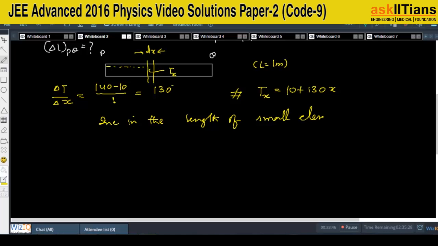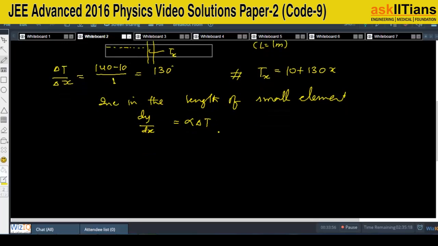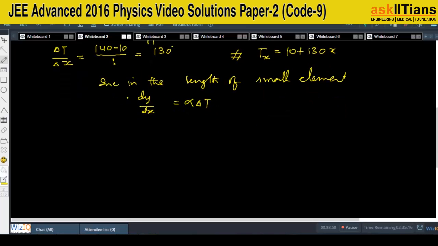Let us assume it is dy by dx, which should be equal to alpha into delta T. This concept is taken from the law of thermal expansion. So dy by dx is equal to alpha into T minus 10.